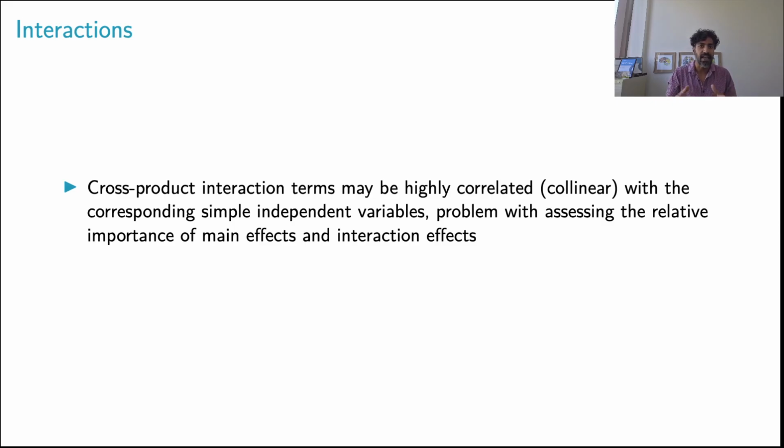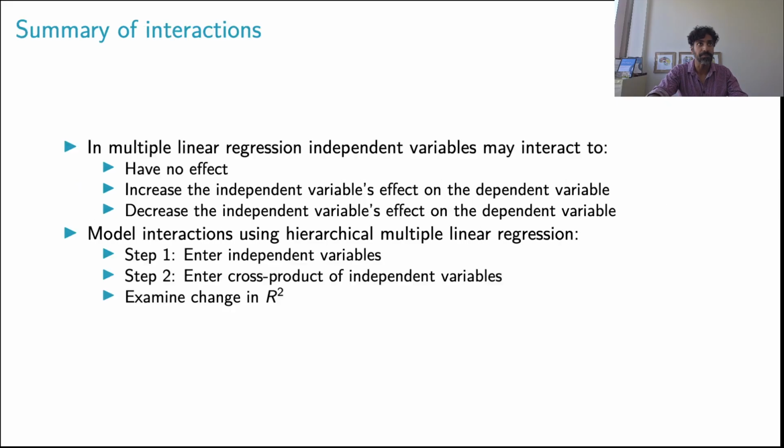This is a case where collinearity is to be expected and understood, knowing that this produces a problem with assessing the relative importance of main effects because they have a lot of shared overlap in variance explained, but it still allows you to state whether or not there is an interaction present, and it is less important when we talk about prediction of an outcome variable when it's included in the model.